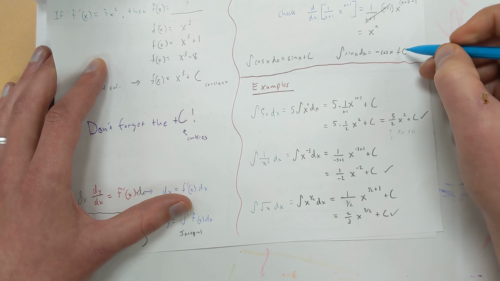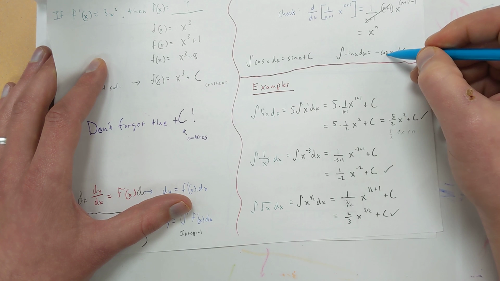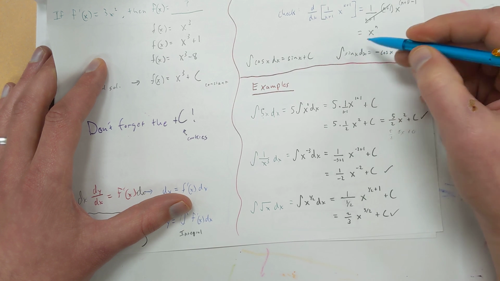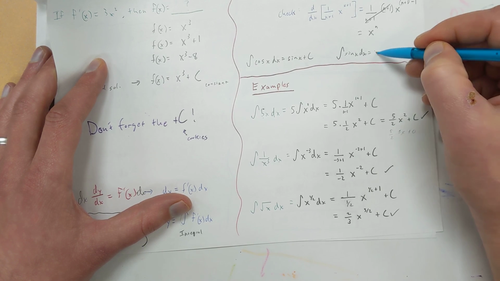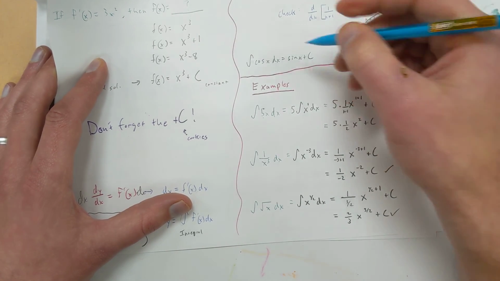And again, how can we check this? Well, what's the derivative of cosine? It would be negative sine. But a negative sign and a negative make that positive. So there you go.